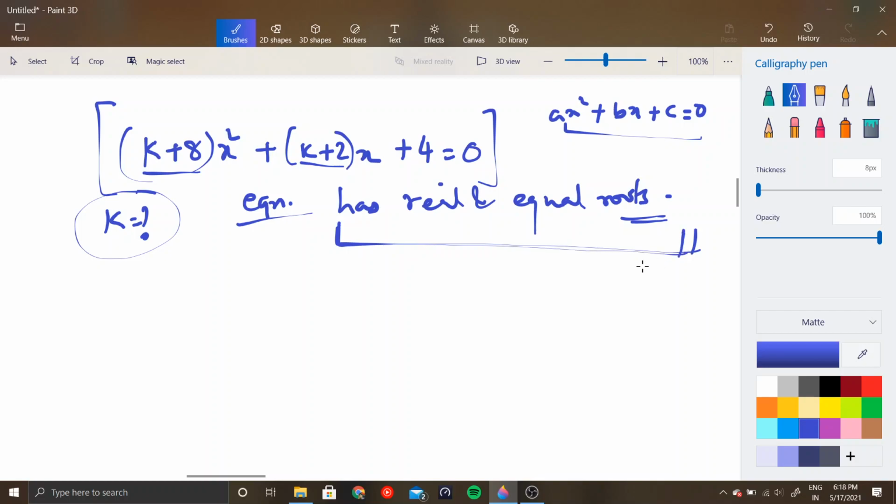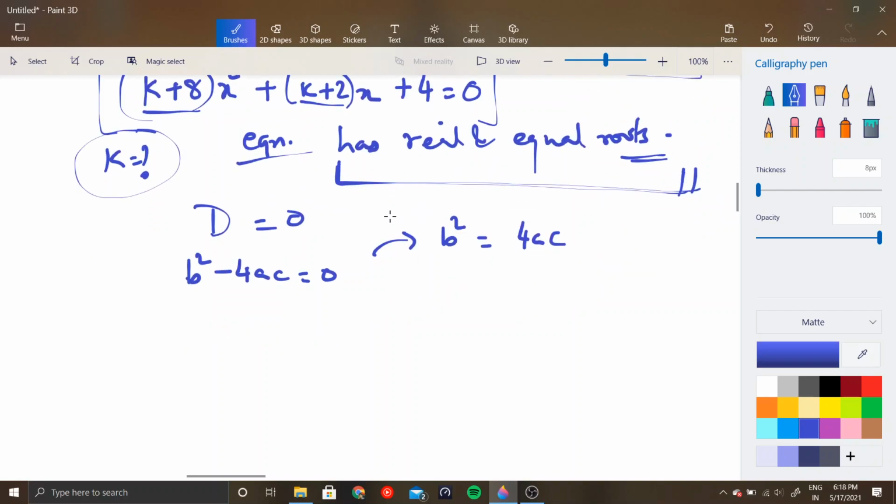So they have asked the value of k for which the equation has real and equal roots. Correct. So what's the criteria for real and equal roots? Their discriminant should be 0. So if their discriminant is 0, b square minus 4ac is equal to 0, or b square is equal to 4 times ac. Let's do that. So what's b square here? So k plus 2 whole squared is equal to 4 times a into c, right?